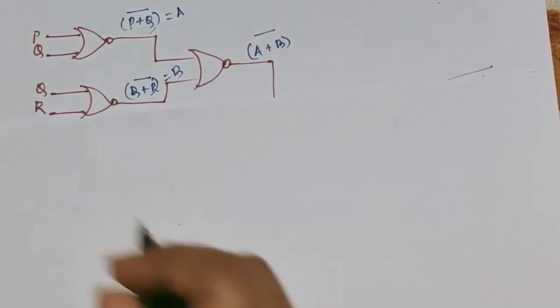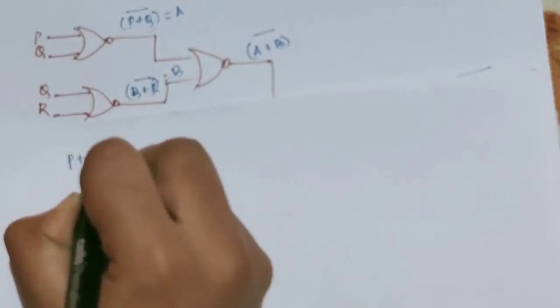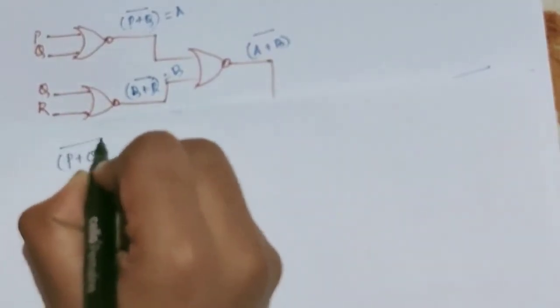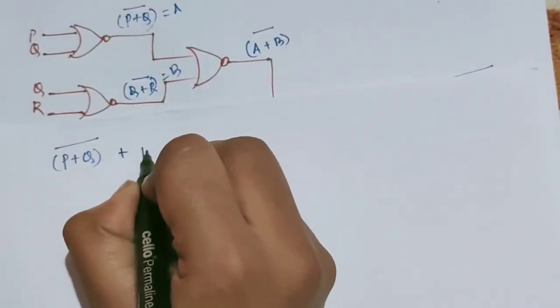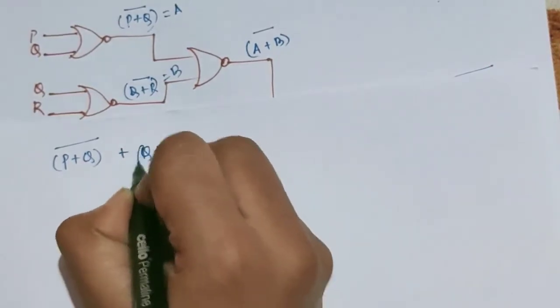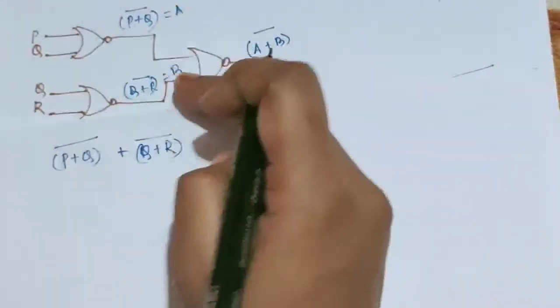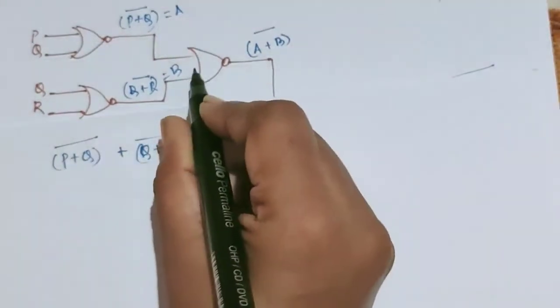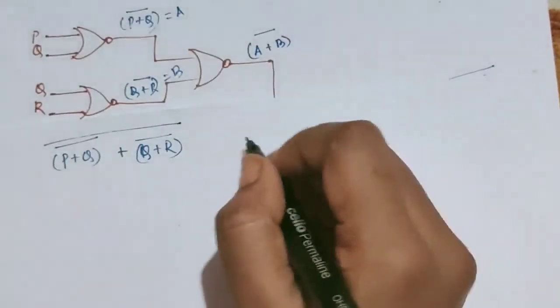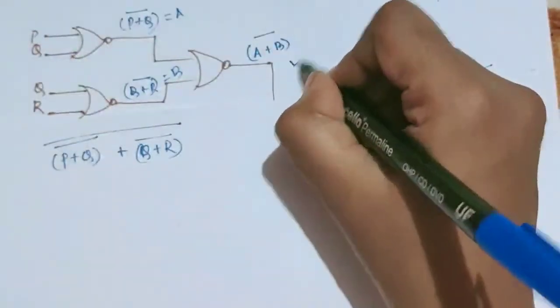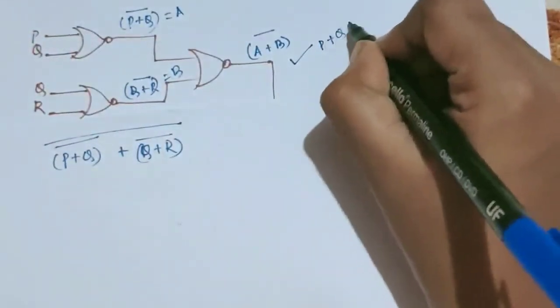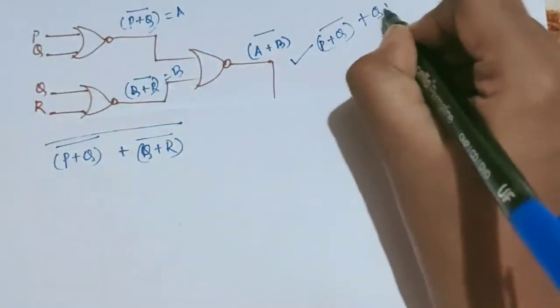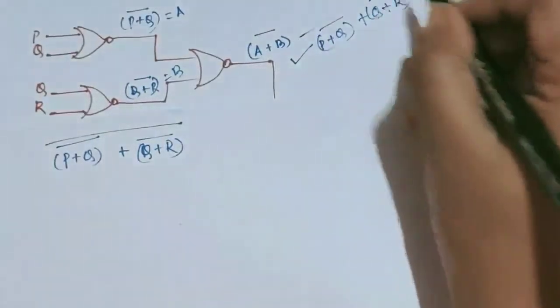I'm sorry, let's try it in a simpler way. This will be P plus Q whole bar plus Q plus R whole bar. This expression will be P plus Q whole bar, Q plus R whole bar, and these two inputs will go into another NOR gate. Then till here it is P plus Q, Q plus R whole bar and whole bar.